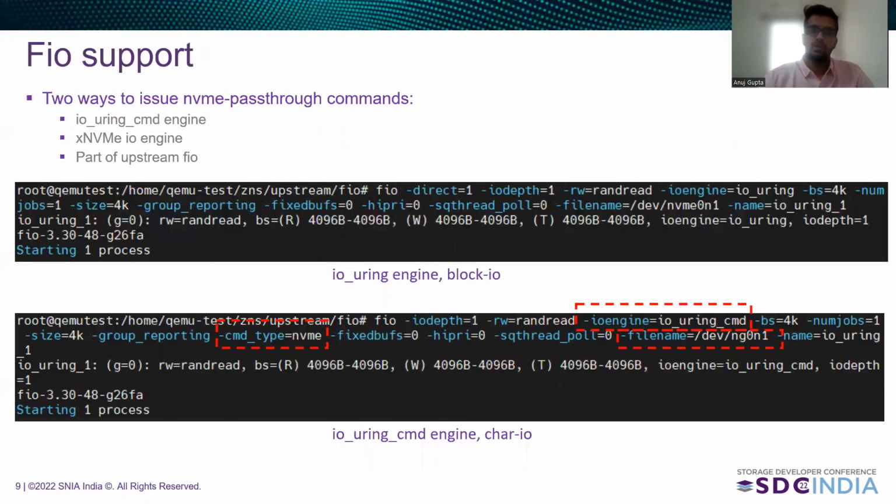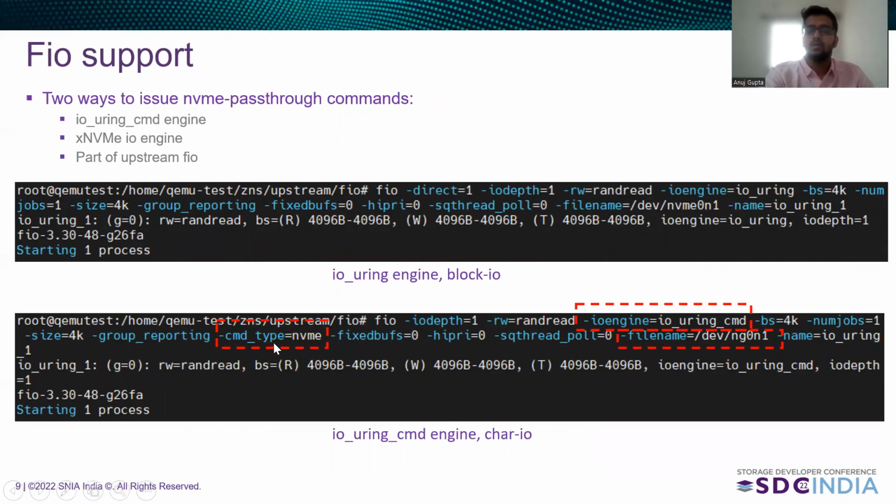So coming to tools, if you want to run a test workload on this new path, you can use fio, and there are two ways to go about it. You can either use the io_uring_cmd engine or the xNVMe engine. So if you want to use the io_uring_cmd engine, you will have to specify io_uring_cmd as the engine.